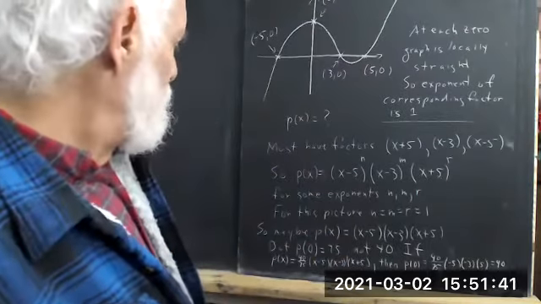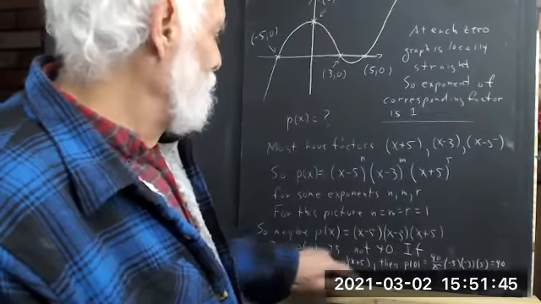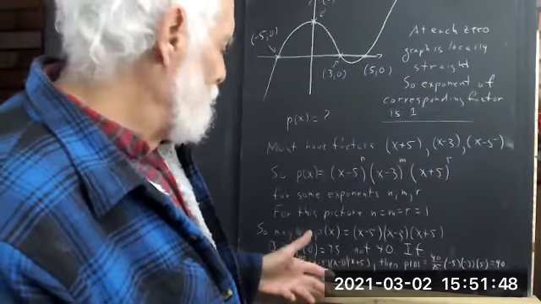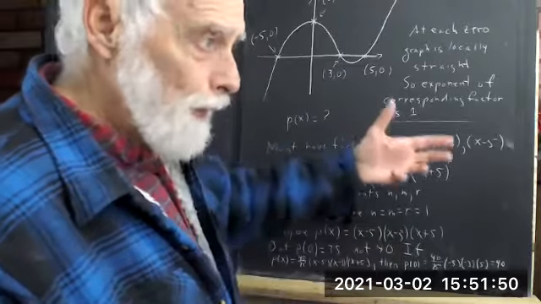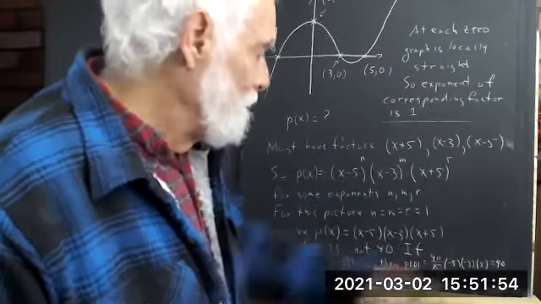What do we do? If you let p of x equal 40 over 75 times these factors, then it's going to be 40/75 of 75 when x equals 0, and that's going to be 40.